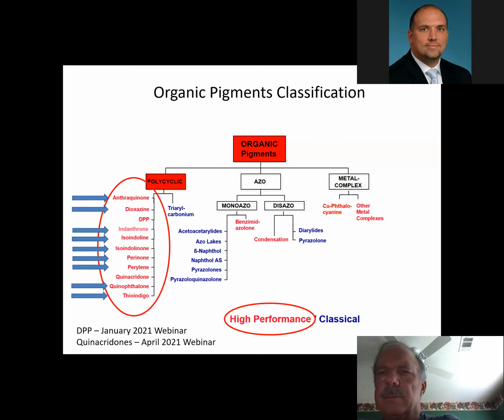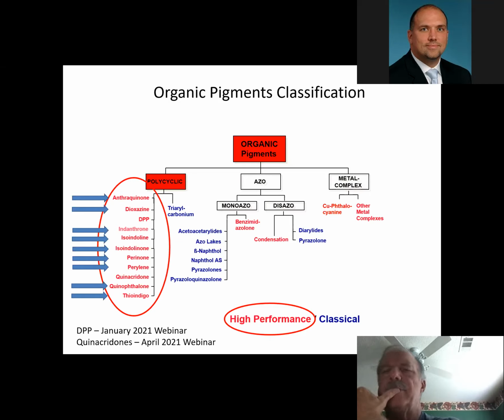As I mentioned, in January we did the DPP chemistry, and in April we took care of the quinacridone chemistry individually. So today we'll review briefly each of the remaining chemistries in the polycyclic grouping of high performance pigments.